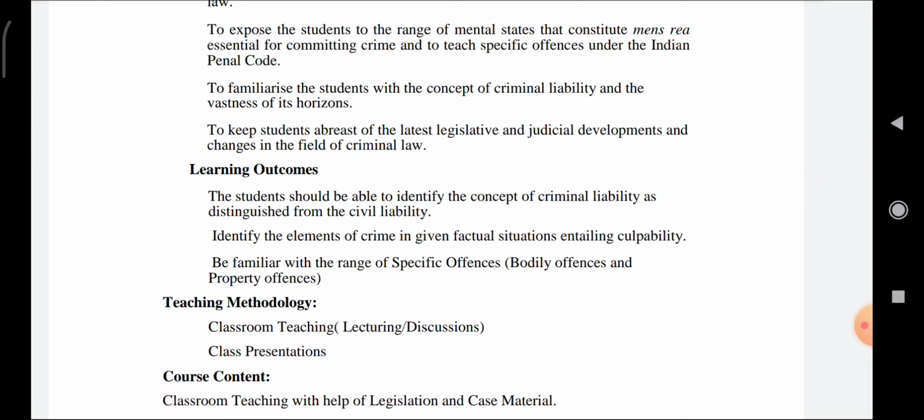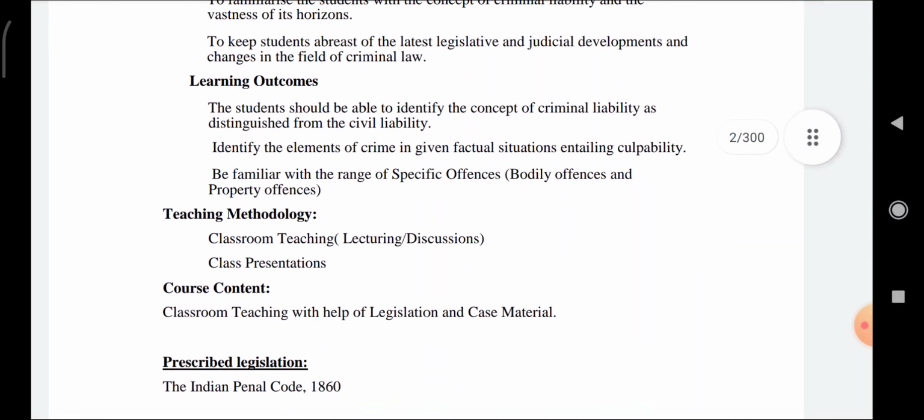Learning outcomes. The student should be able to identify the concept of criminal liability as distinguished from civil liability, identify the elements of the crime in given factual situations entailing culpability, and be familiar with the range of specific offences, bodily offences and property offences.